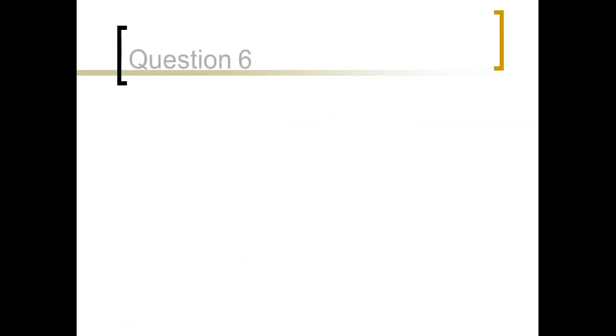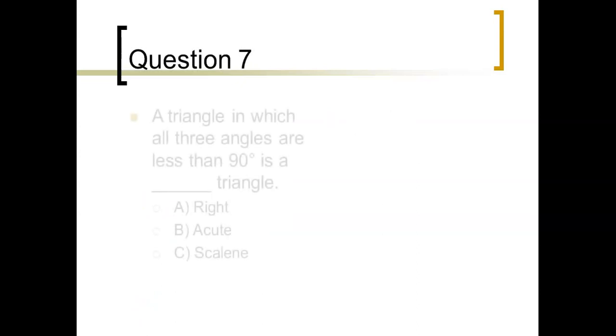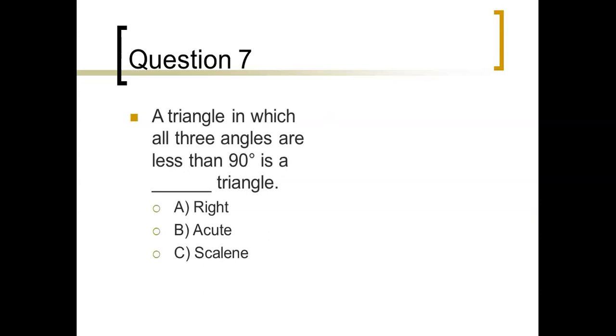Equilateral. Question 6. A triangle with an angle of 90 degrees is a dash triangle. Acute, right, congruent. Option B is correct because it is a right triangle, right? Let's continue. Question 7. A triangle in which all three angles are less than 90 degrees is a dash triangle, right?